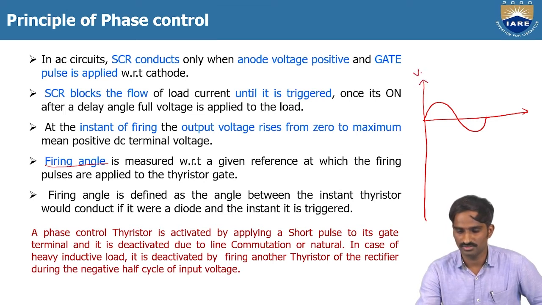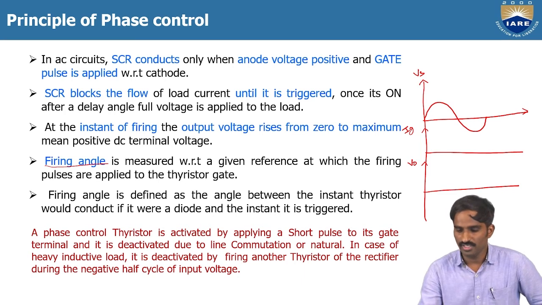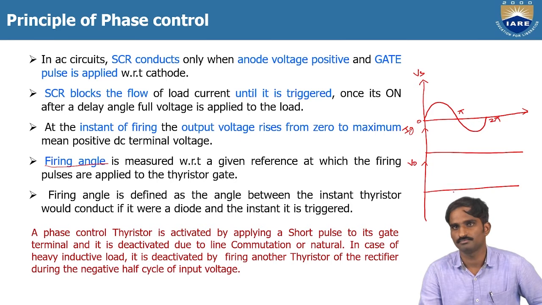Let us consider this is Vs, this is Ig, the gate signal, and this is V0. Let me consider here 0, this is pi, this is 2 pi. Here you can see the firing angle is measured with respect to a given reference at which the firing pulses are applied to the thyristor gate.